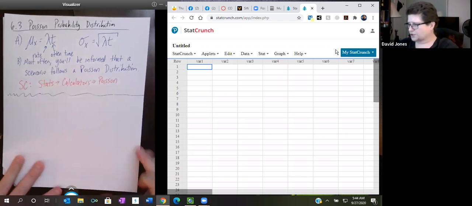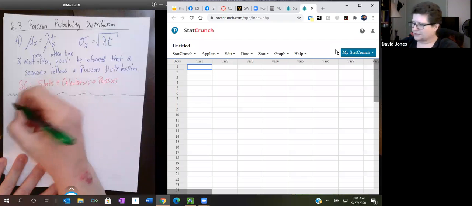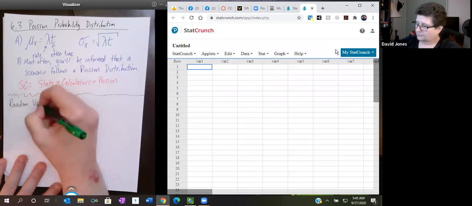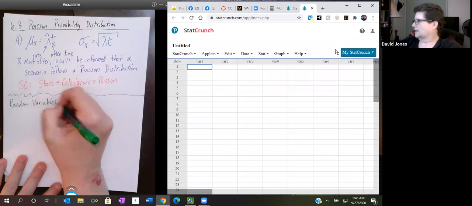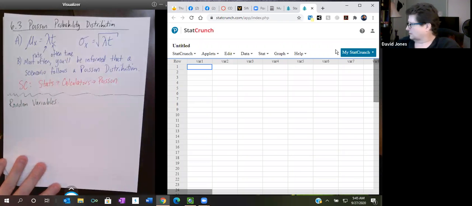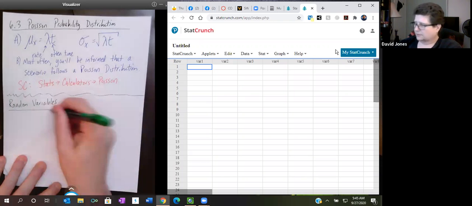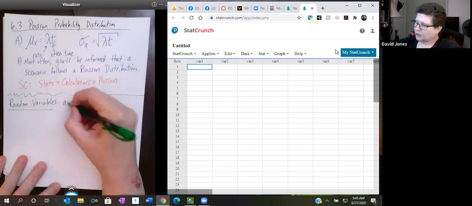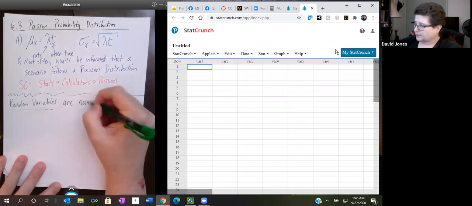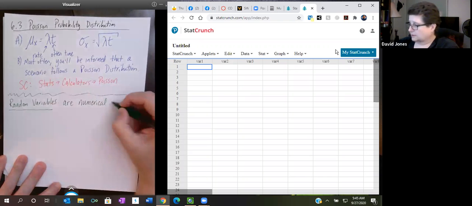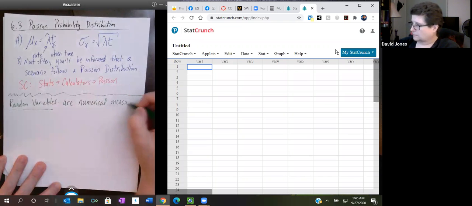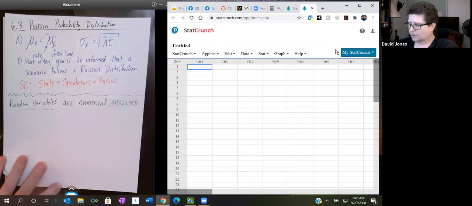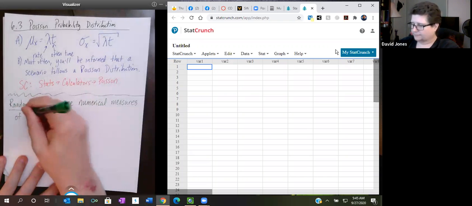So to start this off, we need to start discussing what a random variable is. A random variable is a numerical measure of the outcome from a probability experiment.